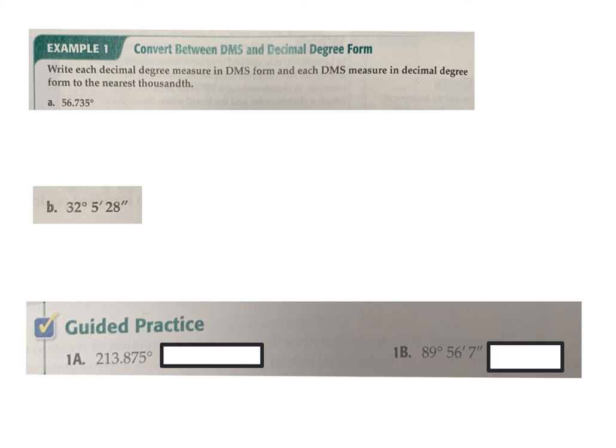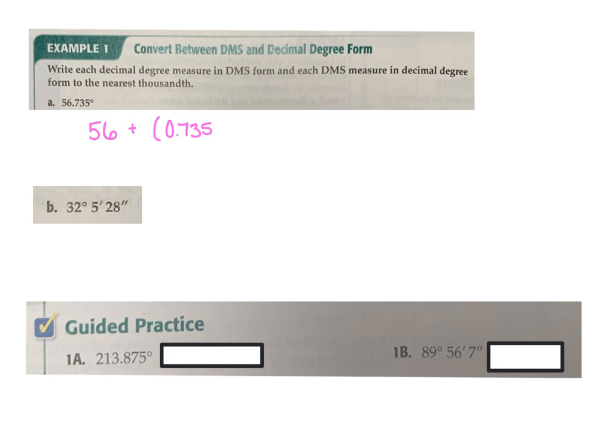So look at these examples here. We have 56.735 degrees. They want to convert this to minutes and seconds. And so what you do is you start with the 56, and you're going to leave that alone. And that's going to be 56 plus your 0.735, right?